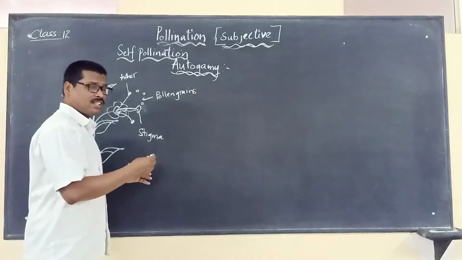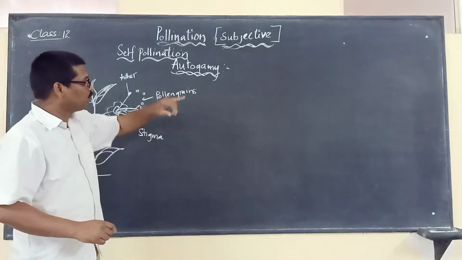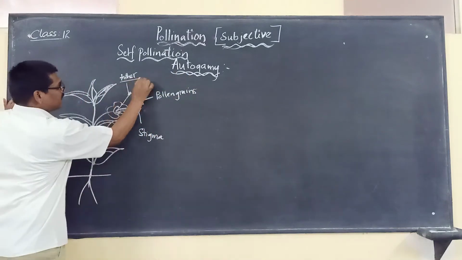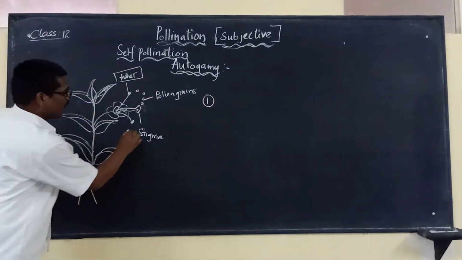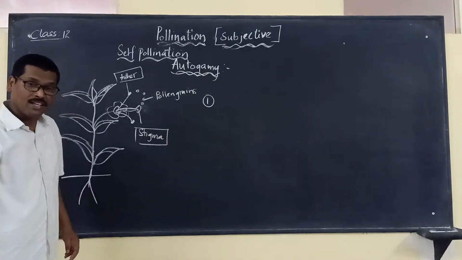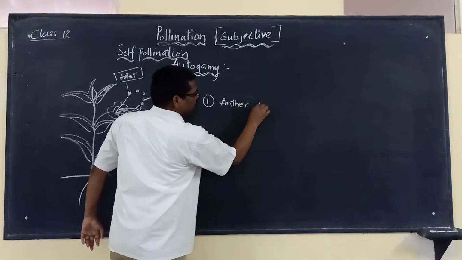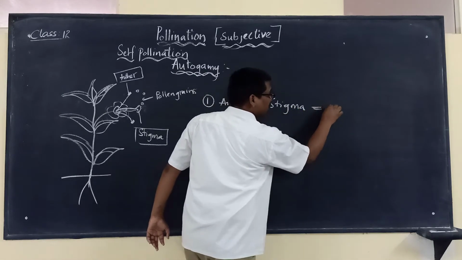Why are we saying that it is very rare? Because there are two points which we have to keep in mind. Why is autogamy very rare? The first point is that the anther and the stigma may not be maturing at the same time.